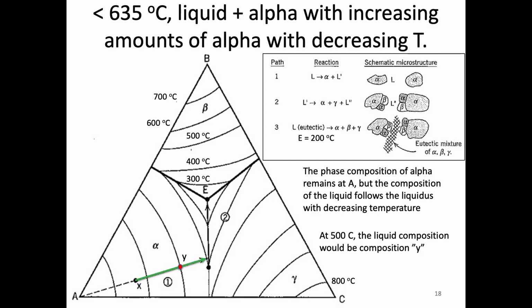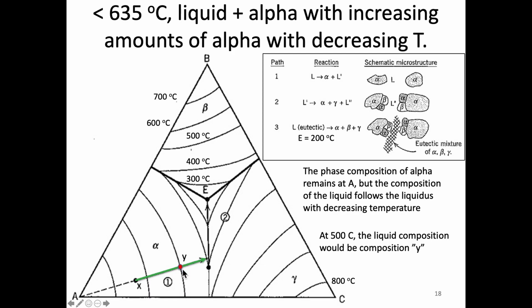For example, I can do a calculation here. Right when it encounters the liquidus, it's at 635. This is the temperature contour for 600, and this one would be for 500. Let's say that I'm at 500 degrees.